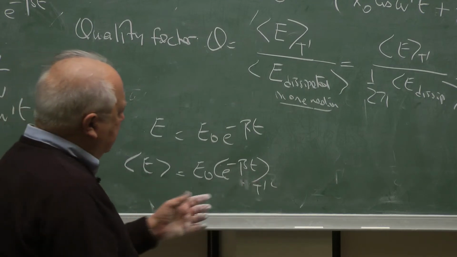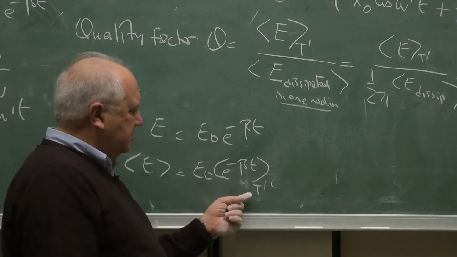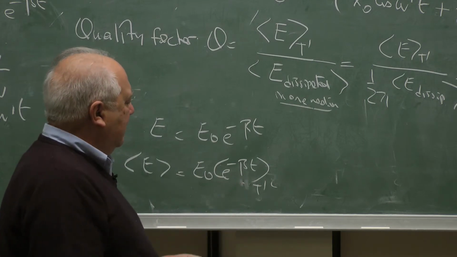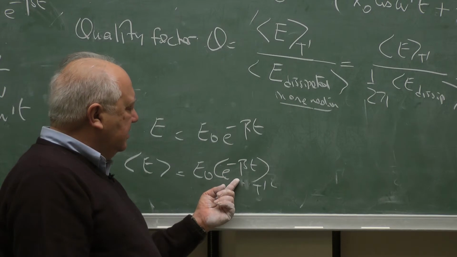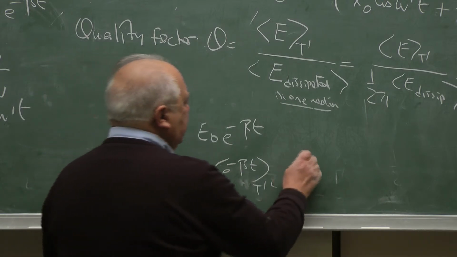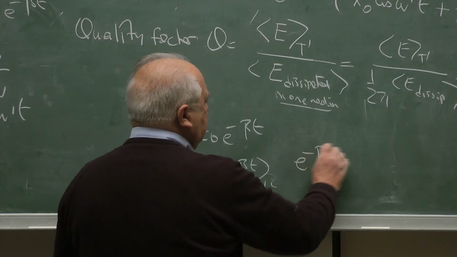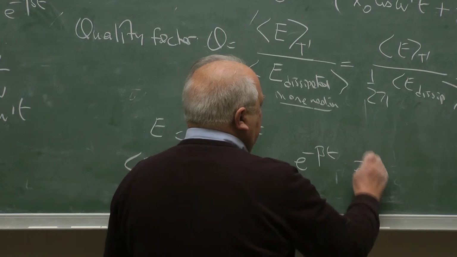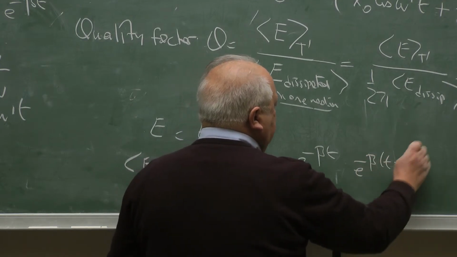But remember we are dealing with a good oscillator. Within one cycle, the e to the minus beta t factor does not change much, because at the beginning of the cycle, let's say it is minus beta t. At the end of the cycle, it is beta t plus t prime.